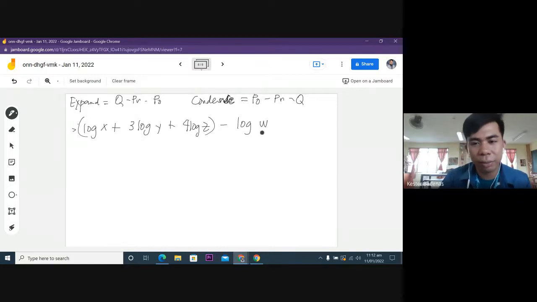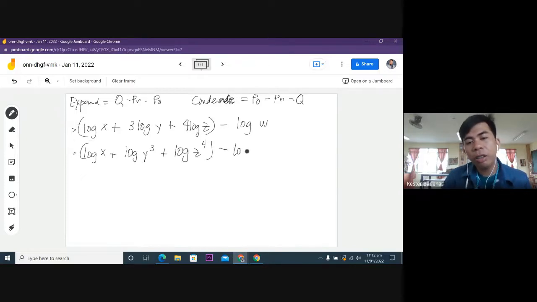Ayan, logarithm of w lang. Okay, so ano mangyayari? Unahin natin yung power. Okay? So magiging siya logarithm of x plus logarithm of y cubed plus logarithm of z raised to 4 minus logarithm of w.